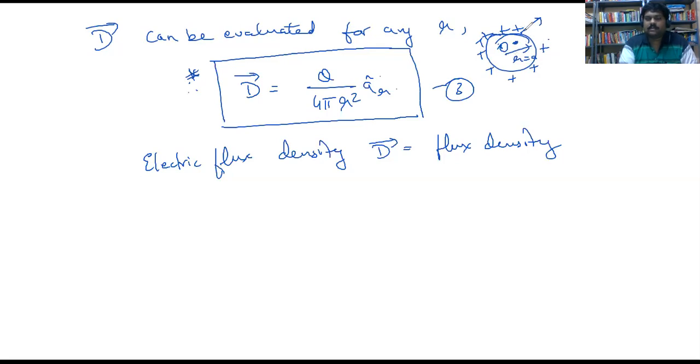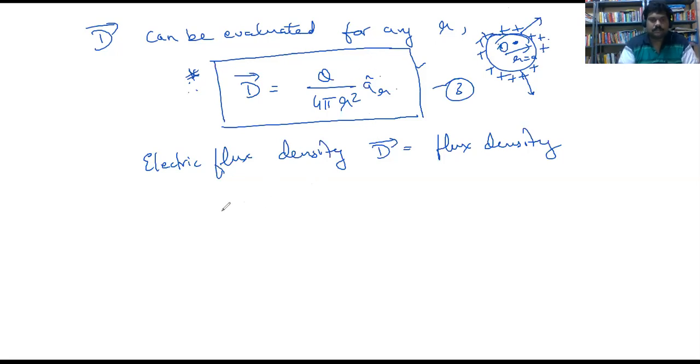Flux density exists wherever the lines of force are there, that is, charge per unit area. Otherwise, within the sphere there is no electric field and no charges present, hence flux density is zero. So this definition applies to the points or the locus from which the lines of force start.